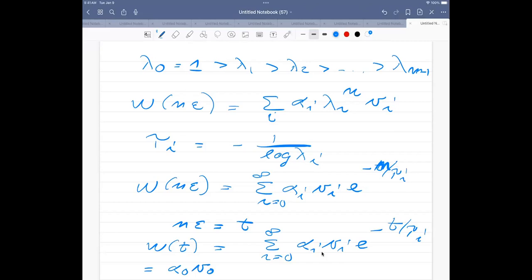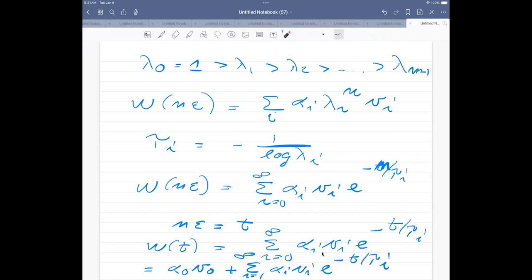This becomes now equal to alpha 0 times v0. And then I know that if I look at the first eigenvalue, the largest one is 1, right? And I take the exponential of that quantity, so I'm just going to get alpha 0 times v of 0 plus the other terms, i equal to 1 in principle to infinity, and I have a v of i times e to the minus t divided by tau of i.